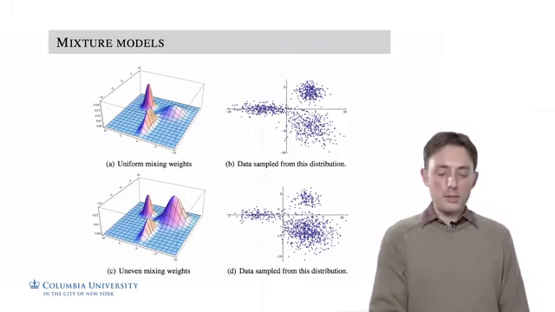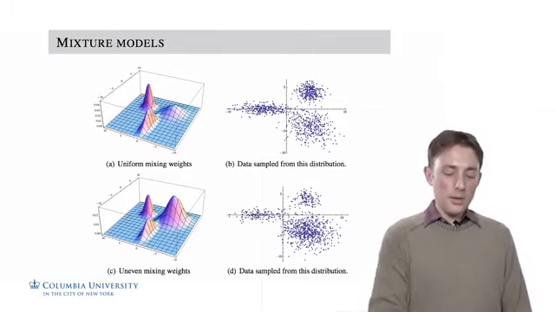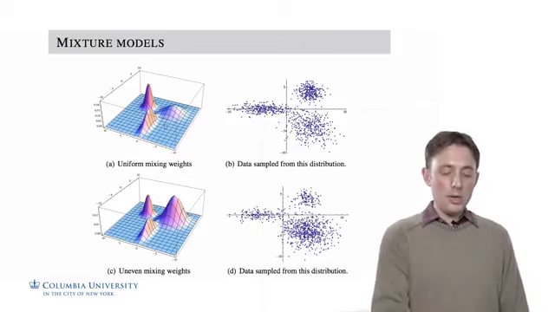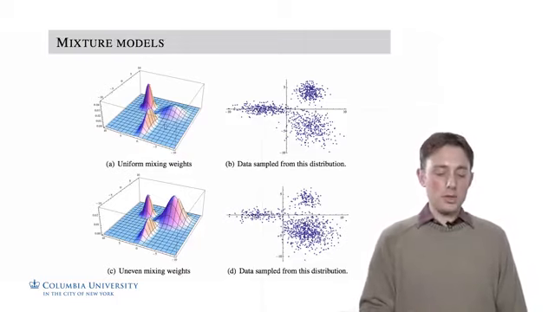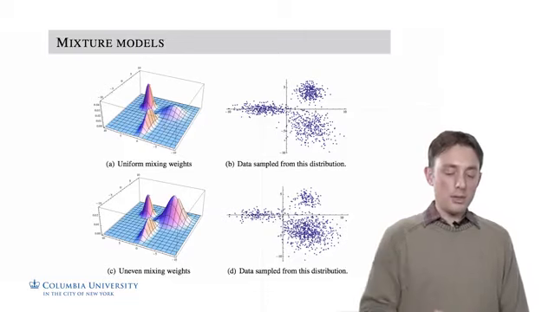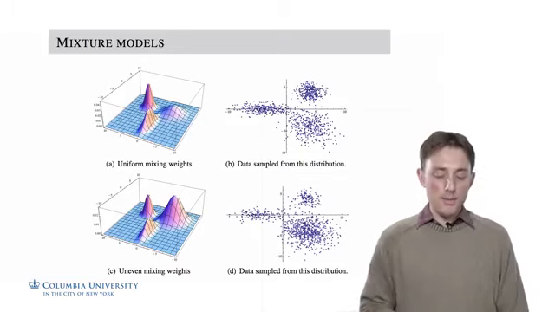So we can come back now to this picture for the Gaussian setting to see the impact of the weights only. So in these two pictures, we have the same Gaussians, but we change the weights. And so what we have is, for example, something that looks like this if we have uniform mixing weights and we get a data set like this.